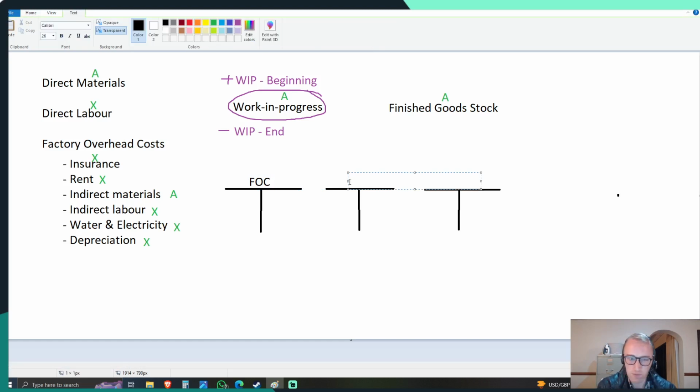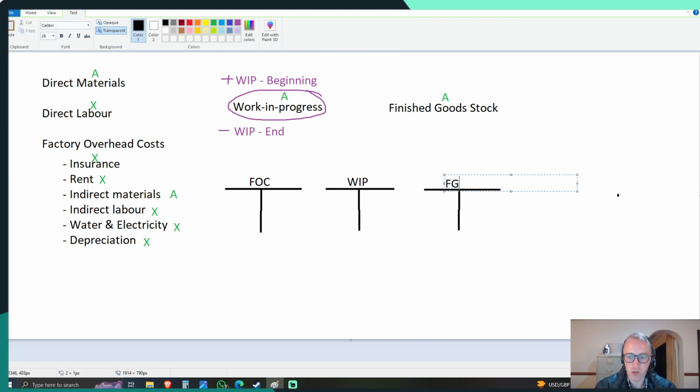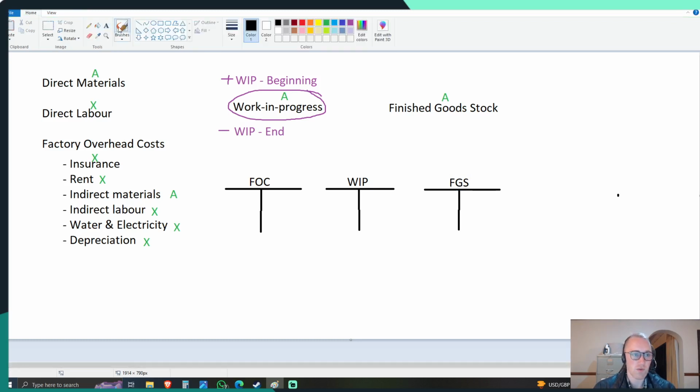We have our work in progress. I hope you don't mind if I abbreviate that to WIP, works in progress. And we have finished goods stock. Again, I'm going to abbreviate it, FGS. So we've got factory overhead costs, works in progress, finished goods stock.